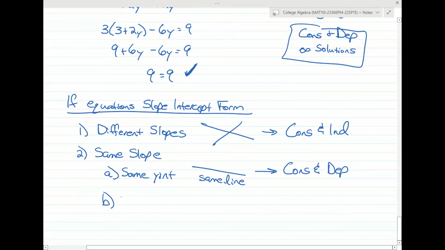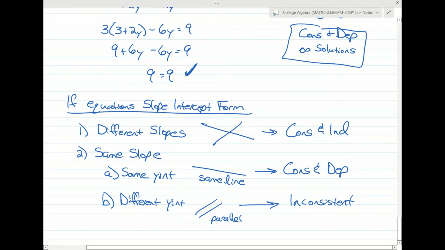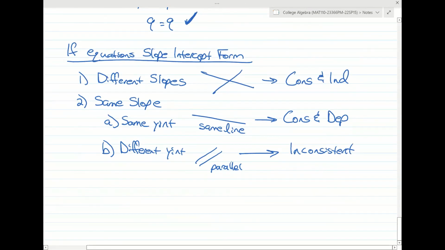And if they have different y-intercepts, they would just be parallel. So we just call this inconsistent. It's just a little shortcut. You don't have to memorize that.